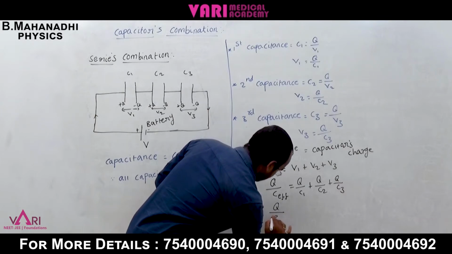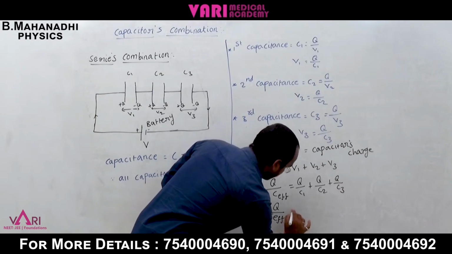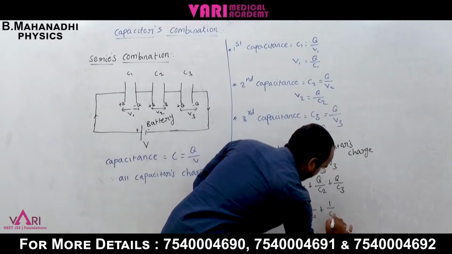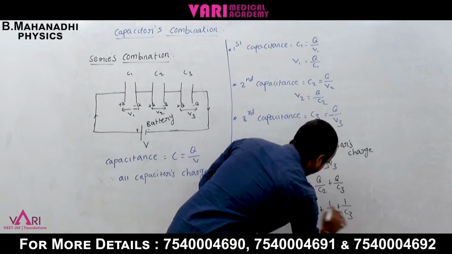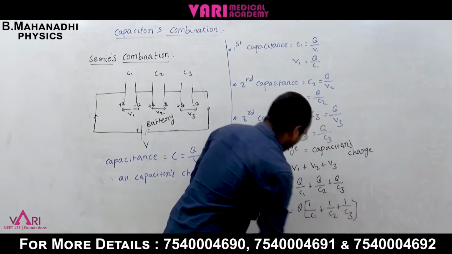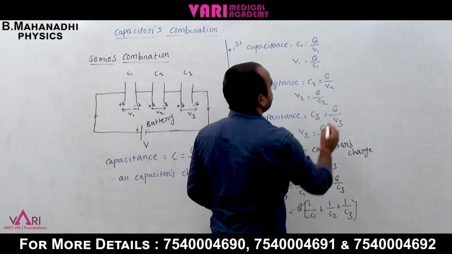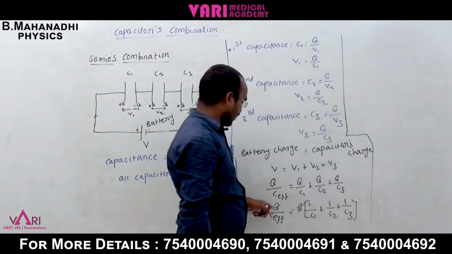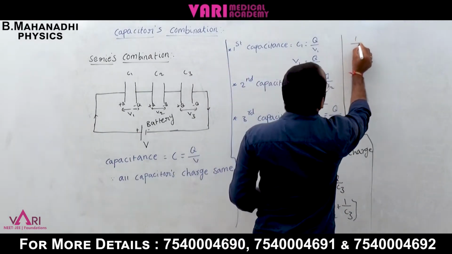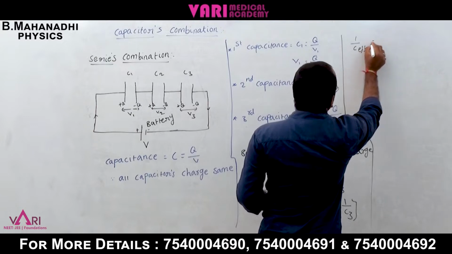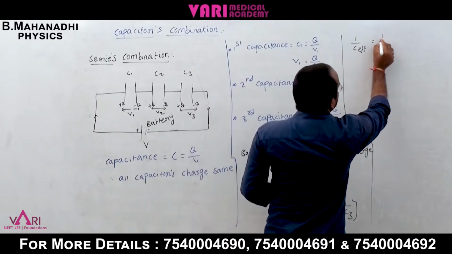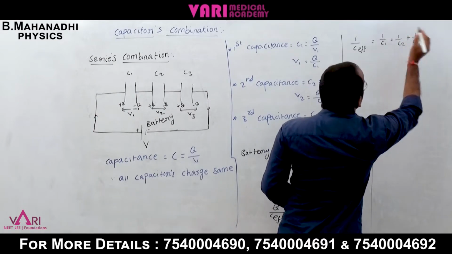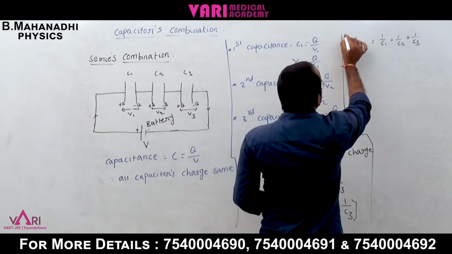Q by C effective is equal to V1, which is Q by C1, plus V2, which is Q by C2, plus V3, which is Q by C3. Here Q is common, so Q by C effective is equal to Q common outside, 1 by C1 plus 1 by C2 plus 1 by C3. Now Q cancels. So 1 by C effective is equal to 1 by C1 plus 1 by C2 plus 1 by C3. This is the effective capacitance in series combination.